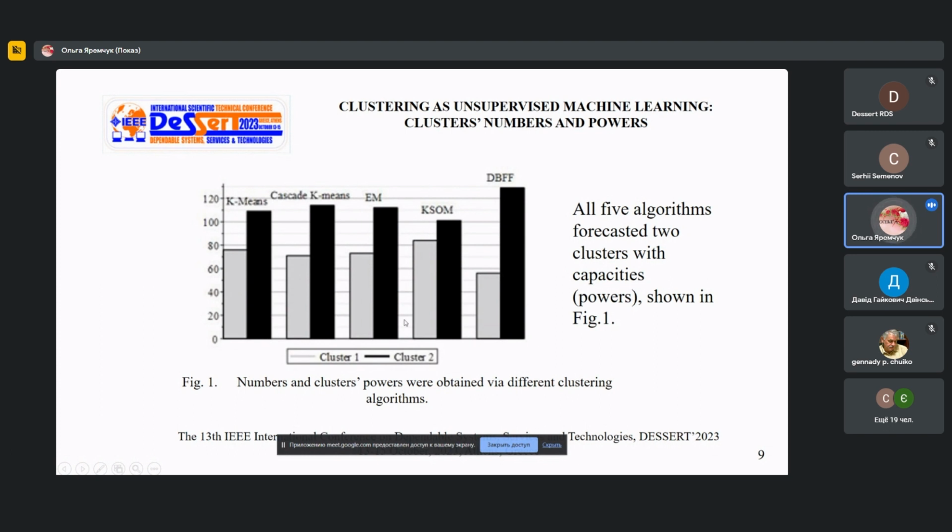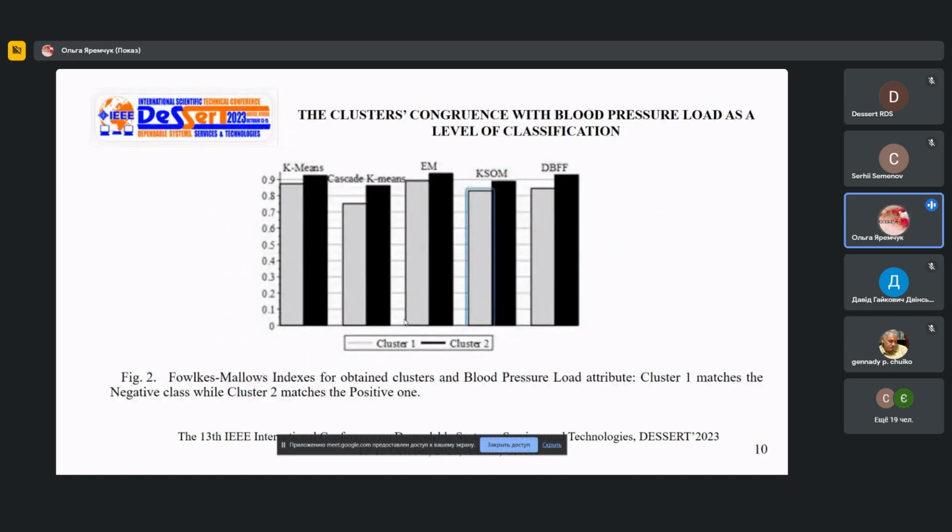The most congruent classification level was found to be the blood pressure load level, as indicated by high Fowlkes-Mallows indexes. You can see on this slide the Fowlkes-Mallows indexes for the obtained clusters for the blood pressure load attribute. Cluster 1 matches the negative class, and cluster 2 matches the positive one.